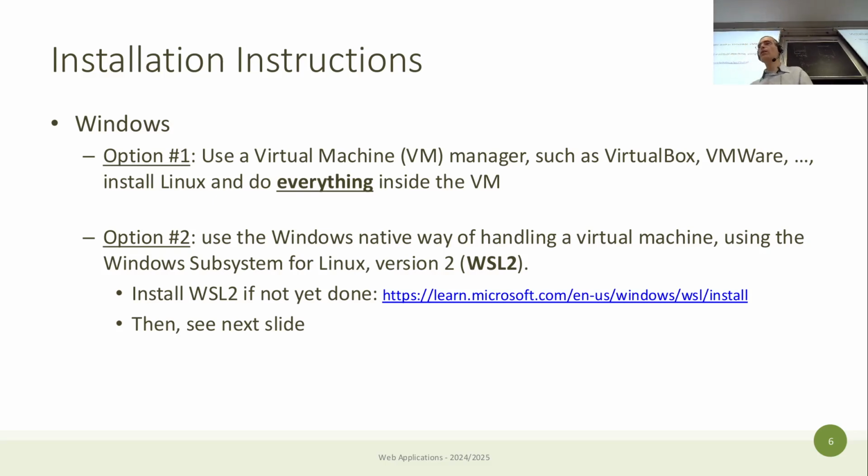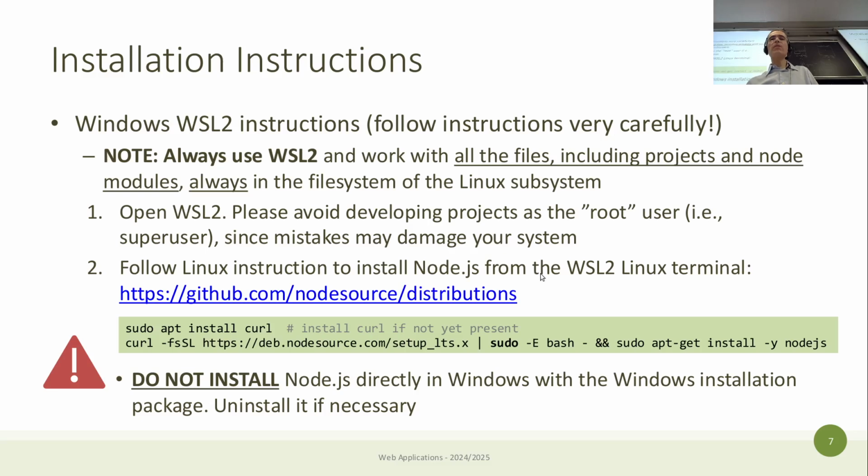You cannot really change many things inside this WSL system, but it's very convenient because you don't have to install a whole virtual machine, which might be heavy to run, heavy in terms of disk space and so on. So we know it exists, and we gave some instructions on what to do. Just make sure you follow these instructions. You don't have to do it now.